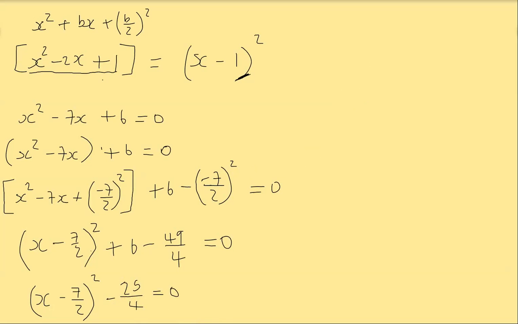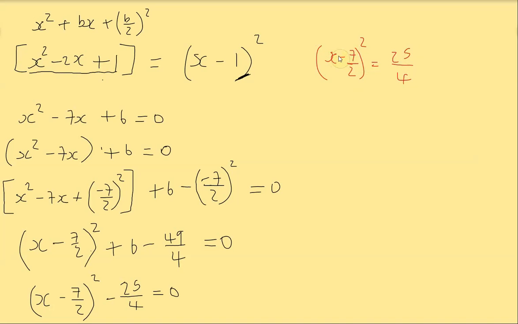Okay, let's just change the color of the marker. Now we solve, and we're going to transpose for x, so x minus 7 over 2 all squared is equal to 25 over 4.